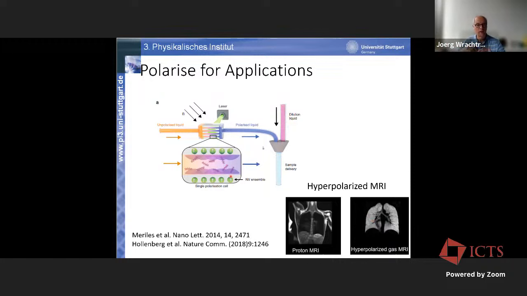And now with this technique, this diamond-based spin polarizer, you can hope not only to reach lungs, but also to enhance the sensitivity of MRI in clinical applications significantly, because you do not work with thermally polarized proton spin ensembles, but with hyperpolarized spin ensembles.